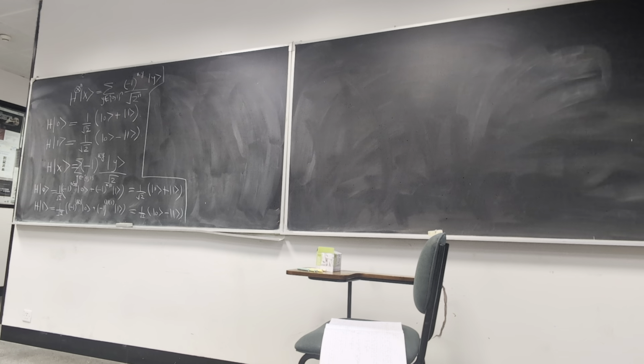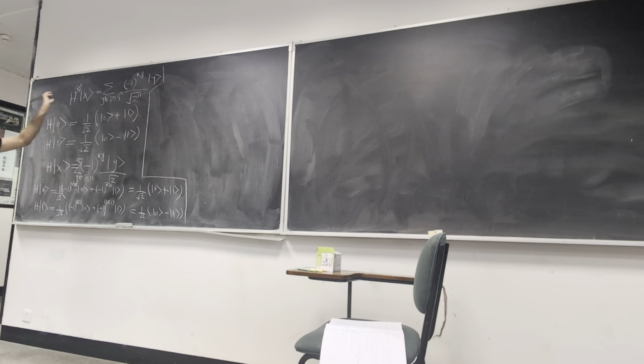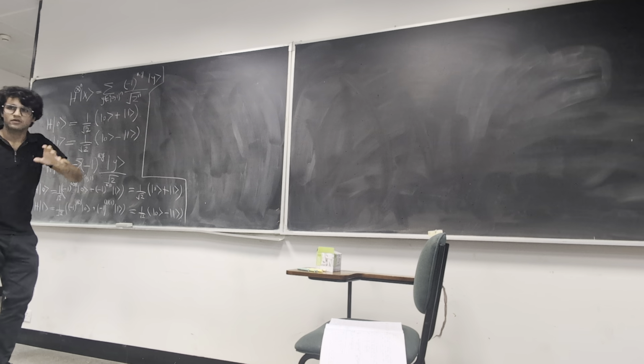Okay, I want to show that, right? What should be my next step? Let's expand. So what is this x, by the way? Our initial state. It's a string of... Yes, it's a bit string.